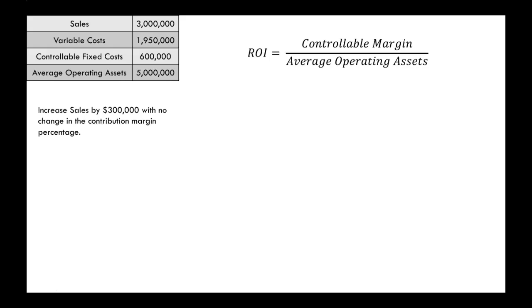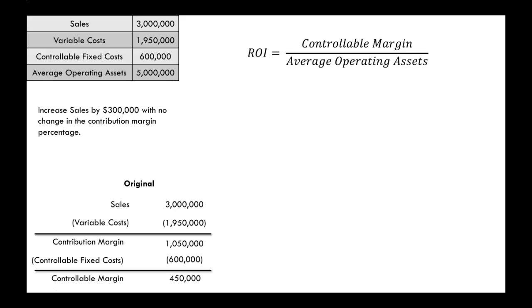Then we can look at our 3 different independent courses of action, right? So the first one was increase sales by 300,000 with no change in the contribution margin percentage. So that was our original, right? That's what we found in the last part. We need to figure out what this contribution margin percentage is. So sales is always 100% of itself.